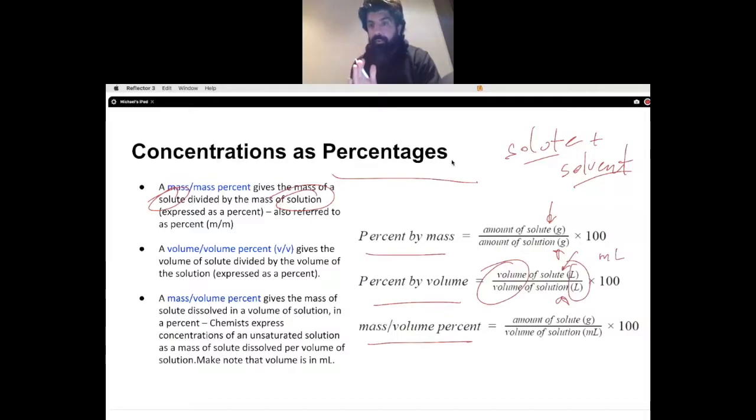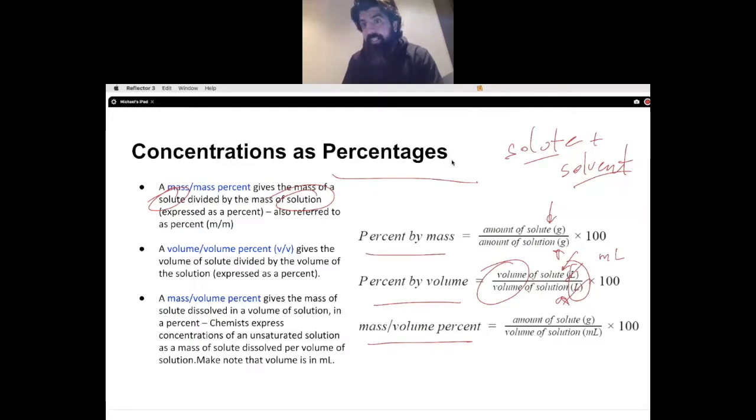But remember, they both must be liters or they both must be milliliters. If one unit is in liters and the other is in milliliters, convert one of them. Make sure they share the same volume unit, because those units are going to cross out, but they can only cross out if the two units are exactly the same.